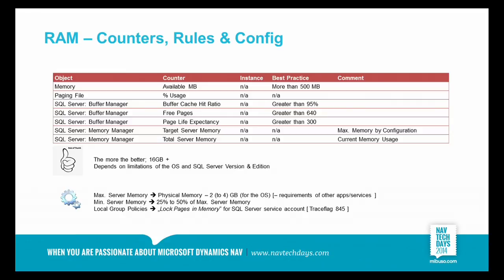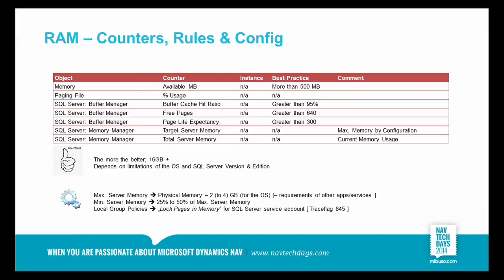Only if it isn't there does it have to pump it from the disk and then go to the client. This quality, this hit ratio, is the buffer cache hit ratio shown here, and it should always be greater than 95%. That means at least 95% of all the data it needs for working is in memory, so it doesn't have to go to the disks that often, and it can process the data as fast as possible.